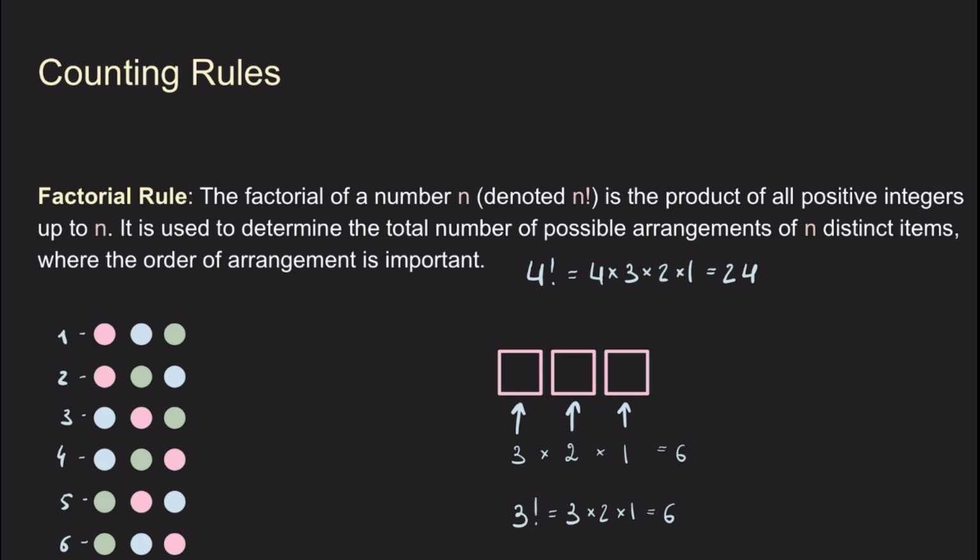How many different balls can we put in the second place? 2, either blue or green. And for the last place, there's only 1 ball left. So by the multiplication rule, we have 3 times 2 times 1, which is 3 factorial, and this equals 6.